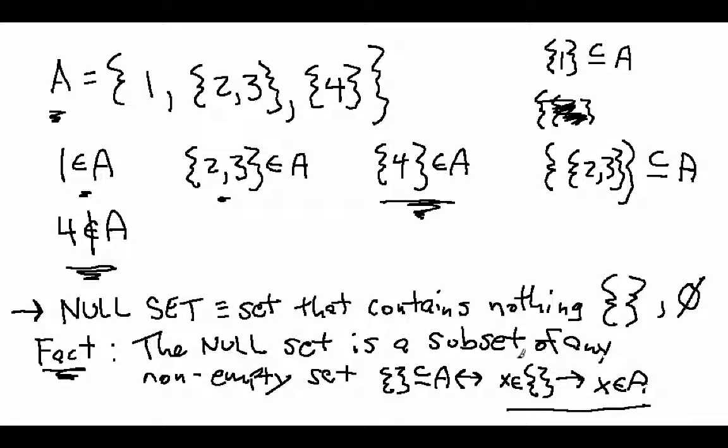X is an element of the empty set. Now nothing is an element of the empty set, which means that this statement over here is false for any X that we have. But remember, when it comes to implications, implications are true whenever the hypothesis is false. So this statement over here is true. And if this statement is true, that means that this statement over here is true. So the null set is a subset of any set.